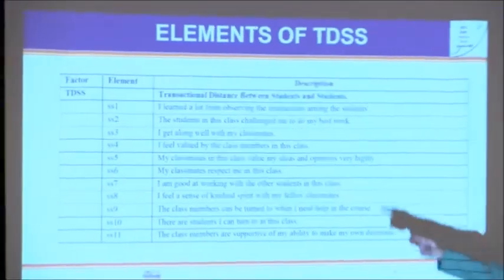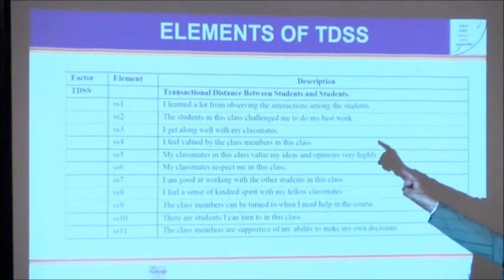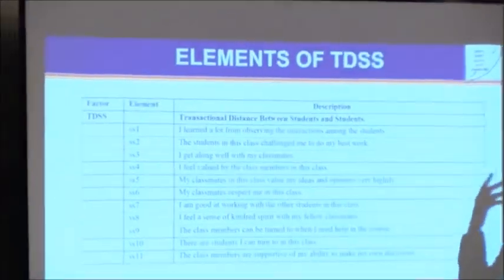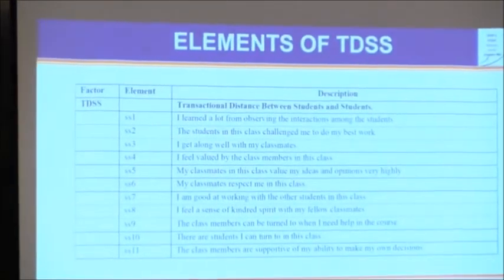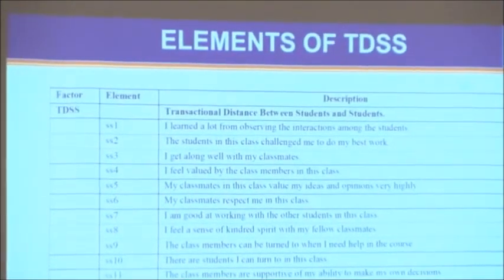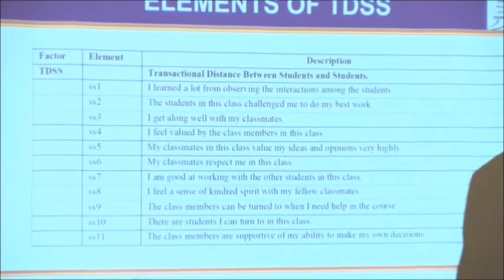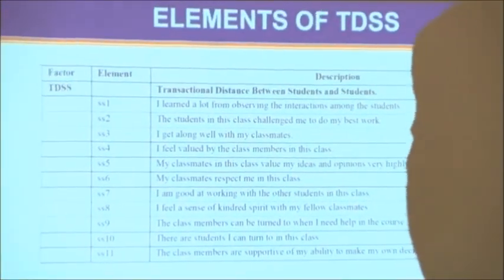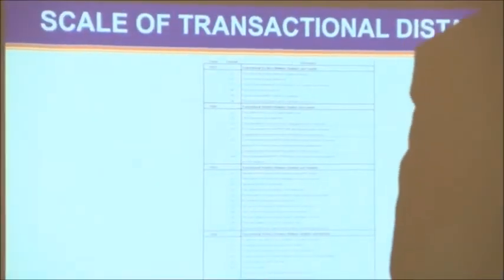There are 11 elements in that. If you look at measuring the transactional distance between students and students, these are the constructs that are involved in that particular factor. And we have that for each of the 4 factors that we'll deal with.